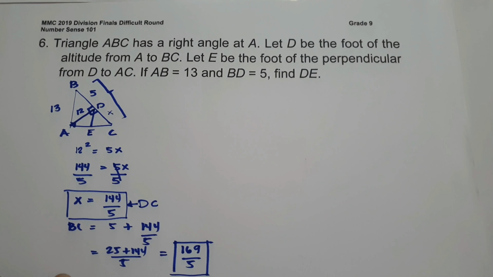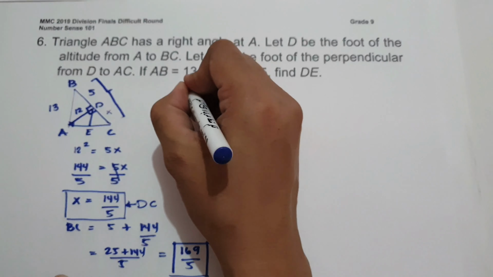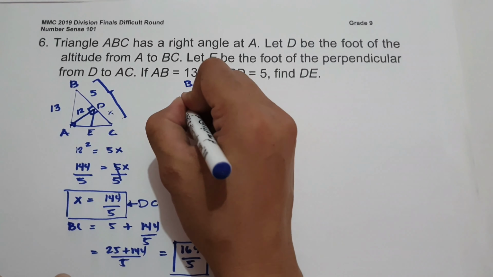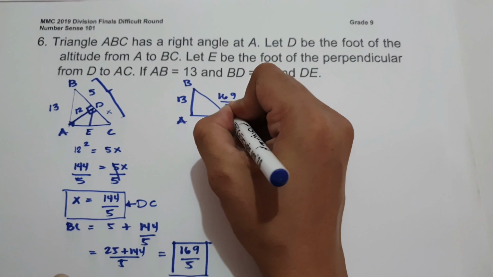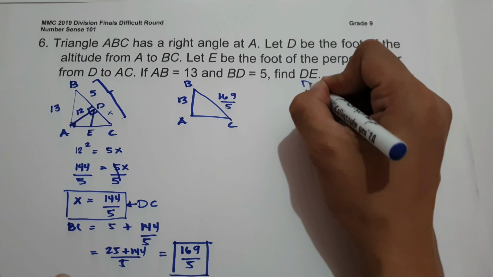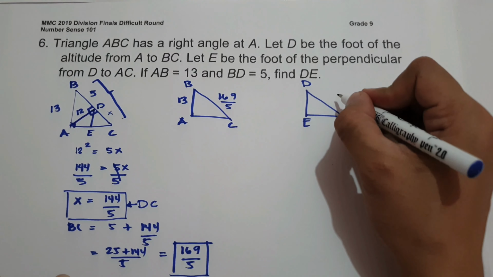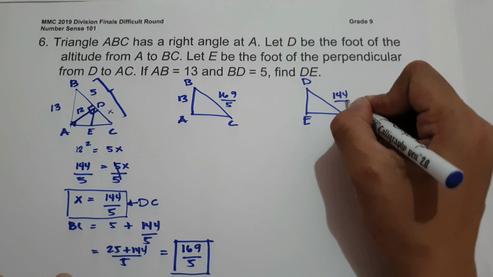Okay. So after this one, let us have triangle BAC. AC, so this is 13 and this is 169 over 5. And then let us have triangle DEC. So DC, that is 144 over 5.